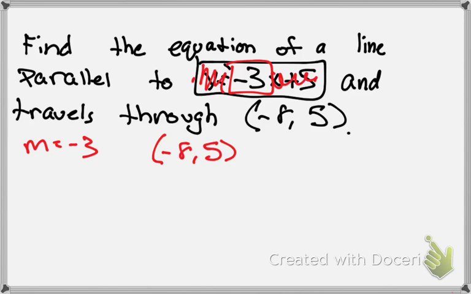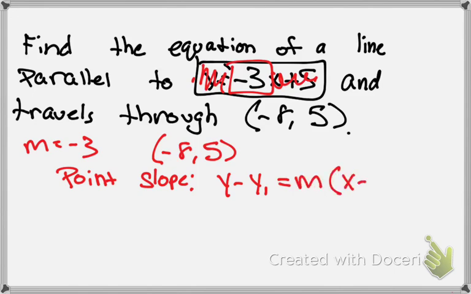So I'm going to use point slope form for this just to kind of make sure that we feel comfortable. So again, that equation is y minus y1 equals m times x minus x1.